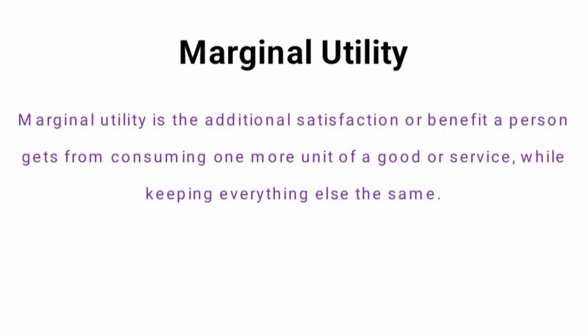Now we know what is marginal utility. The marginal utility is defined as the additional satisfaction or benefit a person gets from consuming one more unit of a good or service while keeping everything else the same.